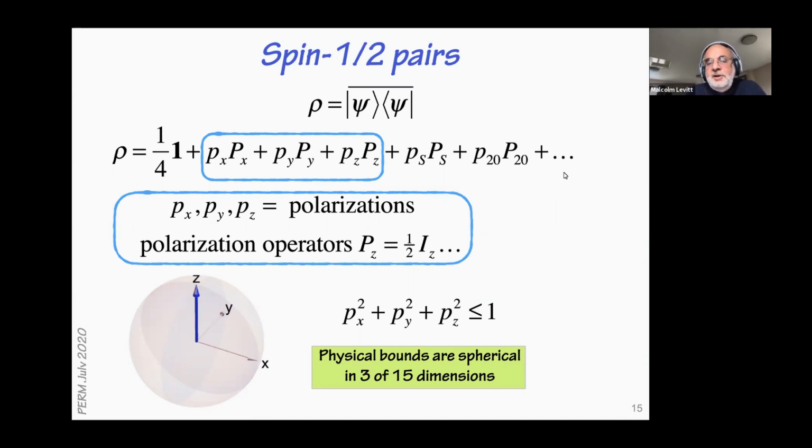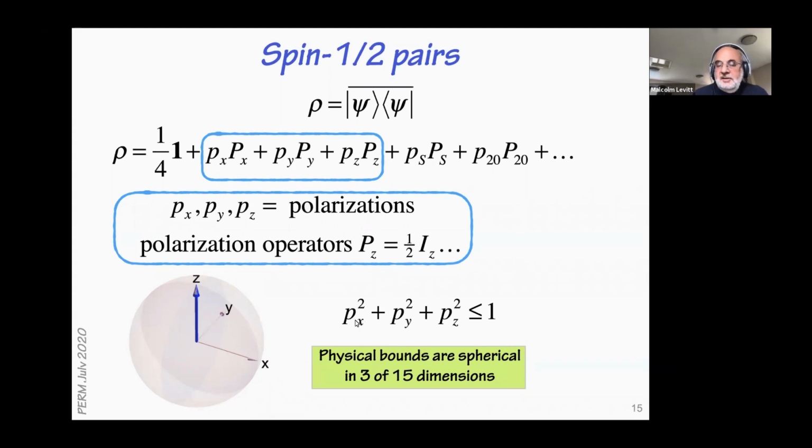But of course, we can only look at some of the dimensions at once, at least if we want to represent things graphically. So we have 3 operators which are X, Y, Z, the polarization operators. For technical reasons, these are actually a half of the angular momentum operators in this case, but let's not worry about that.